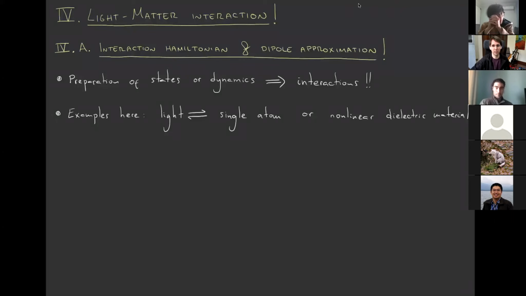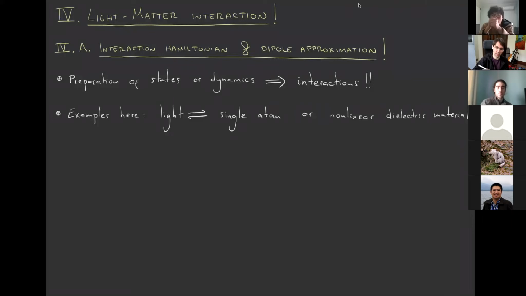So these two examples are very specific, but they contain many of the properties that you will find in other types of interactions. They are very representative of light-matter interactions, and this is why I chose them. I hope that with these systems you will learn a lot of examples of how to create states and so on.